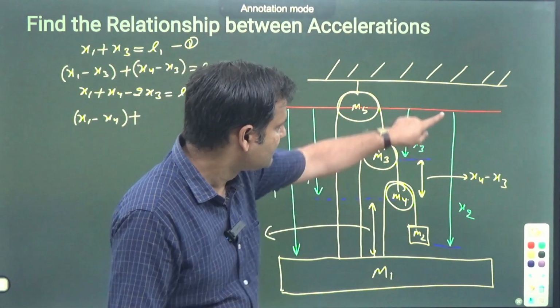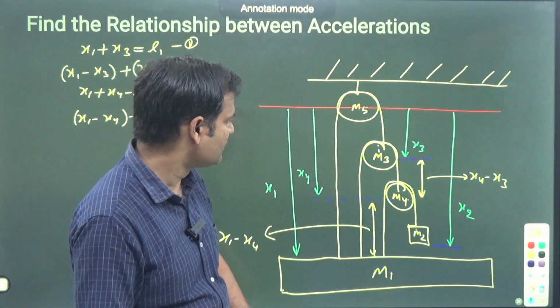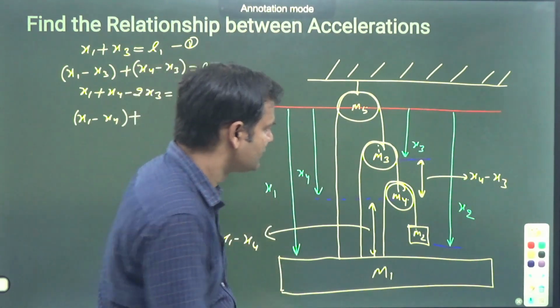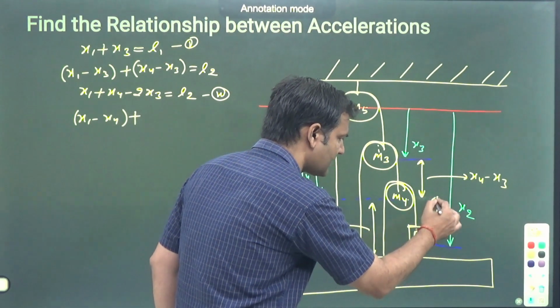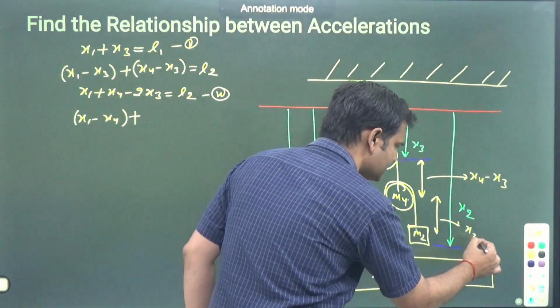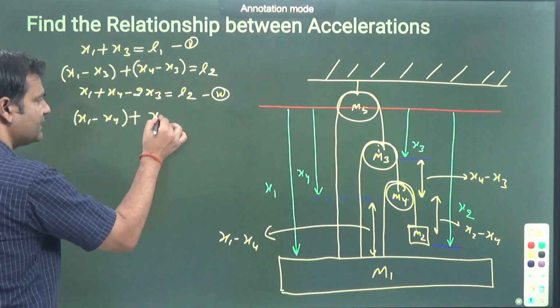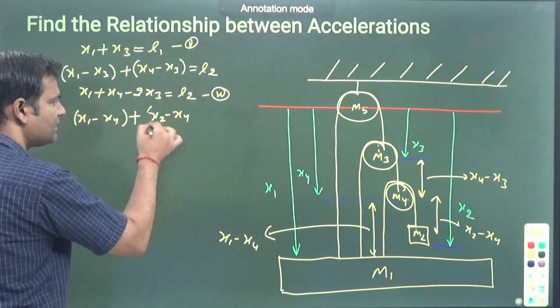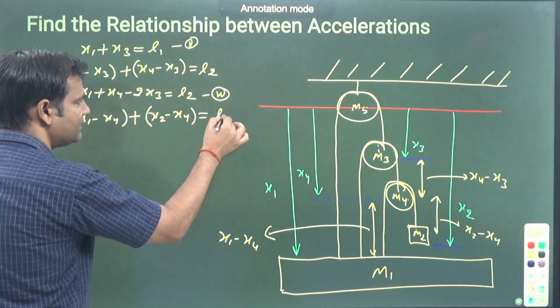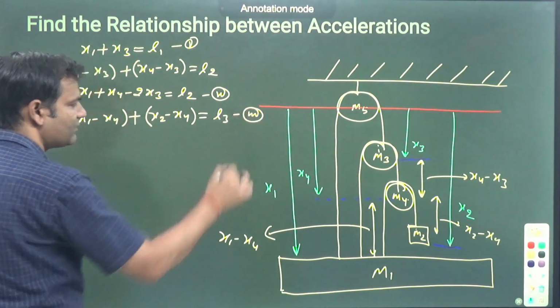Here x2, okay, and here x4. So the length of this string is x2 minus x4. This will be equal to L3. That is equation number 3. Clear or not? Very simple way.